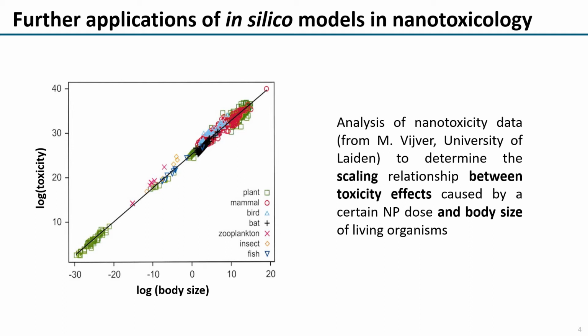And you can see on the graph to the left here, you have the plant, the mammal, bird, the whole set of living organisms. And if you look at the log of the body size versus the log toxicity, you can see there's a nice correlation here.